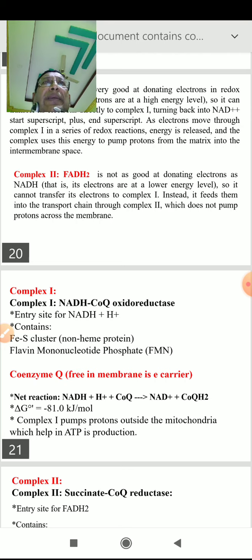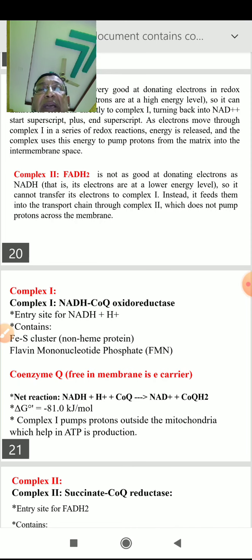When it releases the hydrogen, it will be converted into FAD. Again it will be oxidized to FAD, and then reduced again to FADH2. In this way, hydrogen will be transported. But one thing must be noted: the FADH2 never releases the hydrogens.